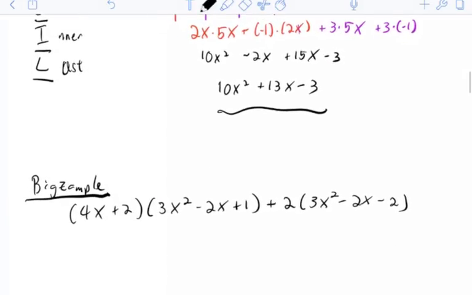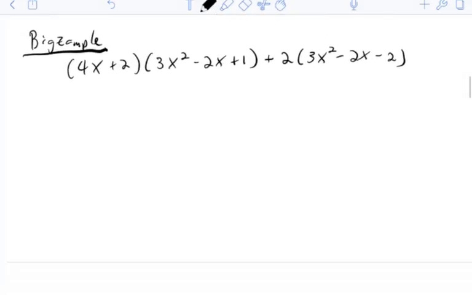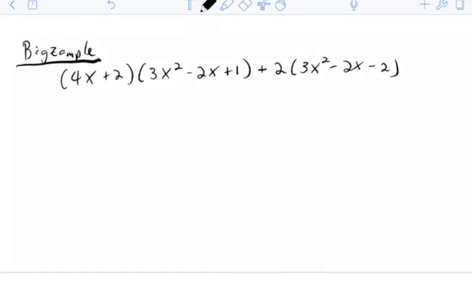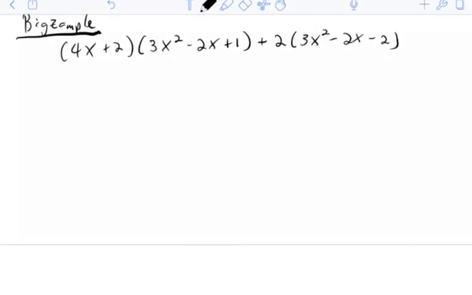Alright, so let's try a really big example before we go any further. Essentially, it's really important to me that you're able to expand these properly. This is in part because I want you to get the right answer, but in huge part because this is a big stumbling block that a lot of people have in understanding the arguments that we'll be explaining to you in university math.